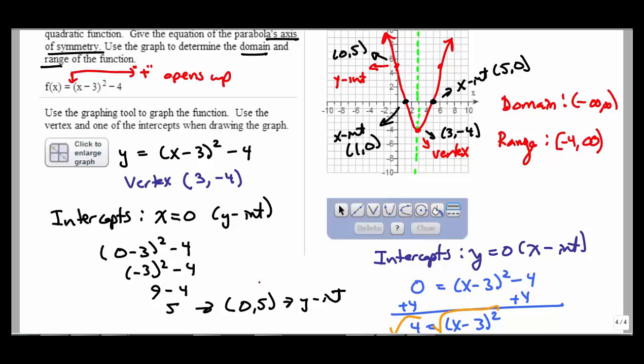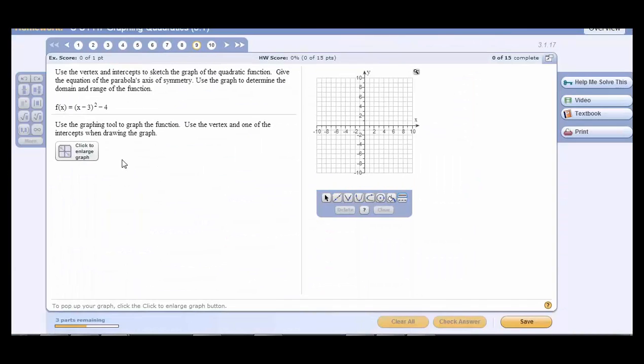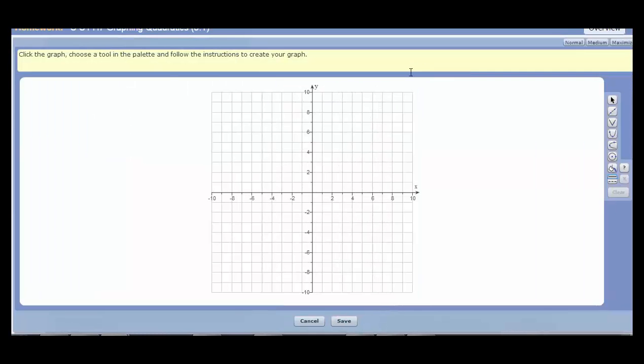So let's go ahead and pop open the same problem in MyMathLab, and let's see how we might go about graphing this. Okay, so first of all, it says use the graphing tool, use the vertex and one of the intercepts. So to use the graphing tool, and I can make the graph bigger, kind of makes it easier for me to see, I'm going to graph the parabola, and if I remember correctly, our vertex was at 3, negative 4.